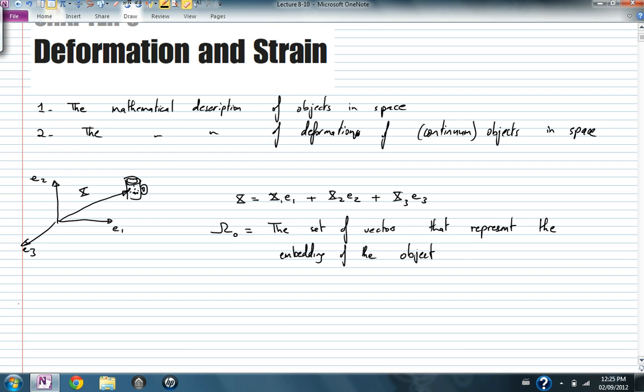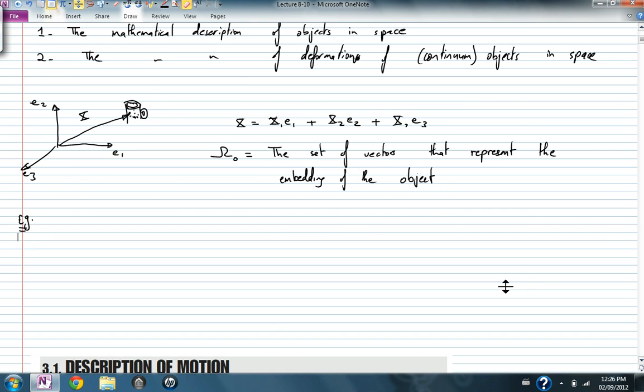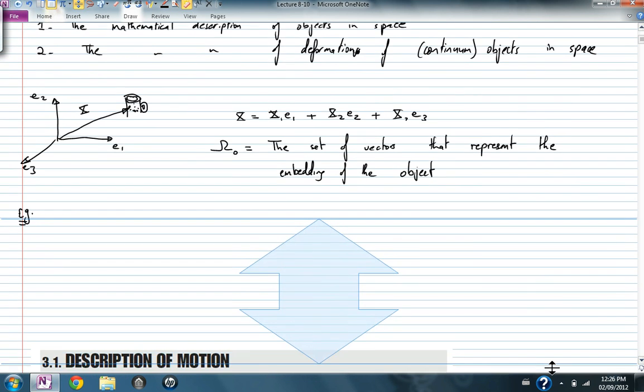And to give you an example, I would like to represent an object, for example, a wire object.